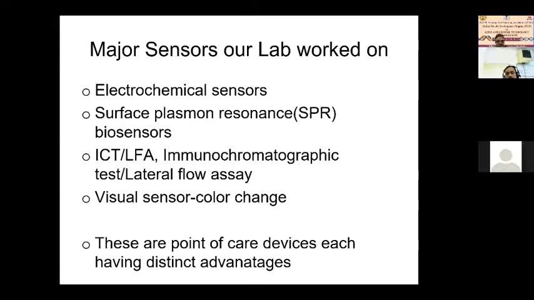When two colored lines appear, we see that it is a positive sample, as in the case of SARS-CoV or the home pregnancy kit. This is also one of the point-of-care devices being used worldwide. You can see how this home pregnancy kit is used, and it is so easy to use.